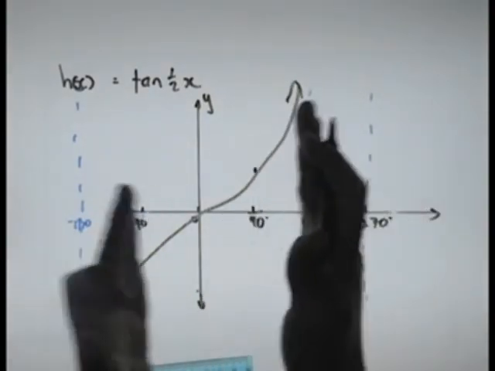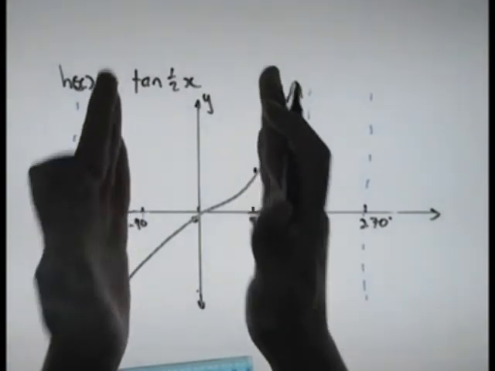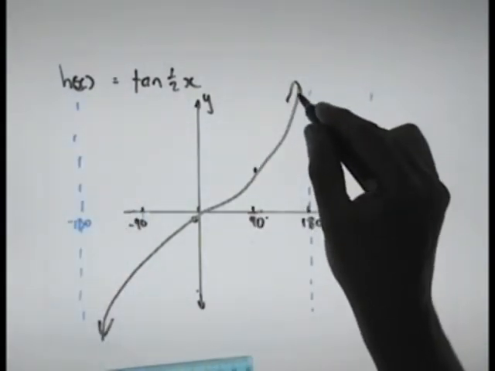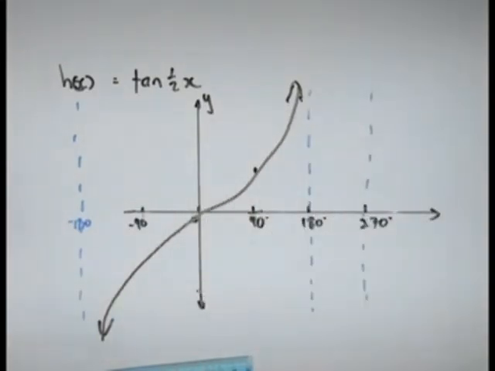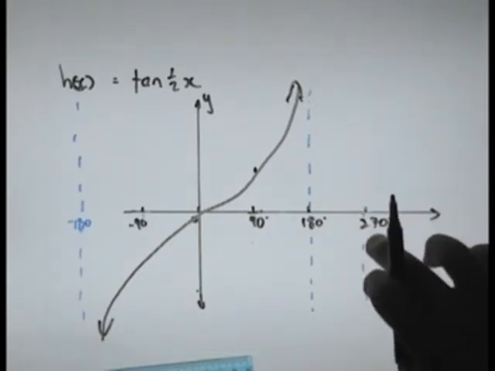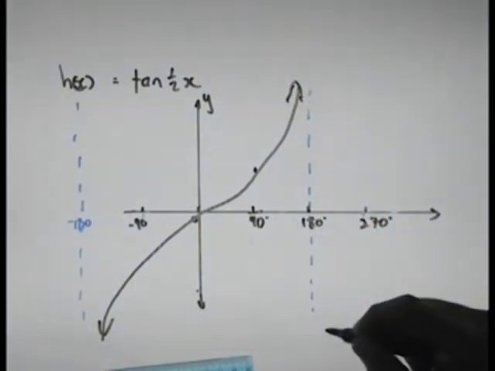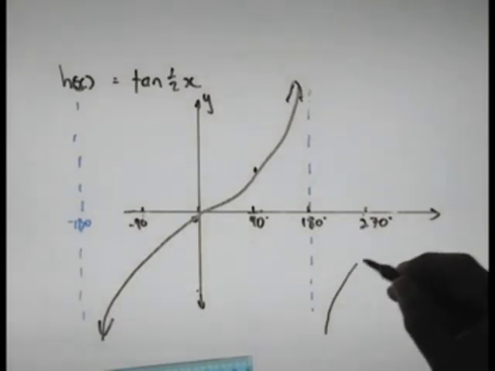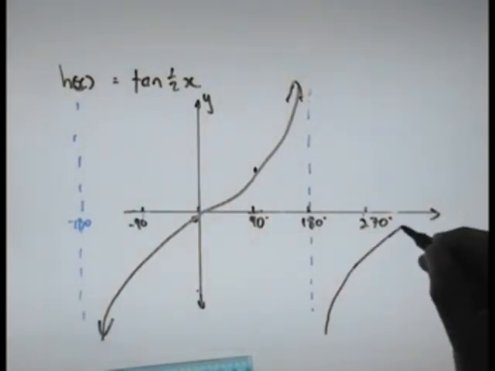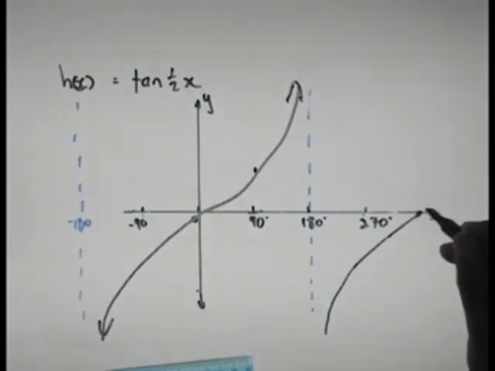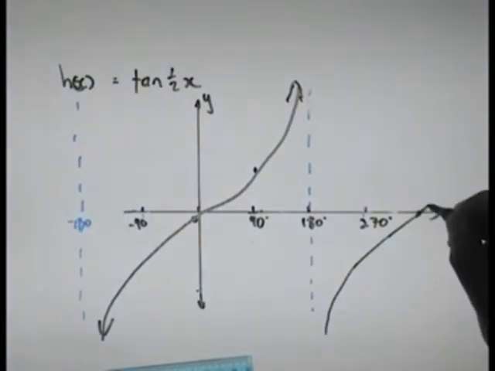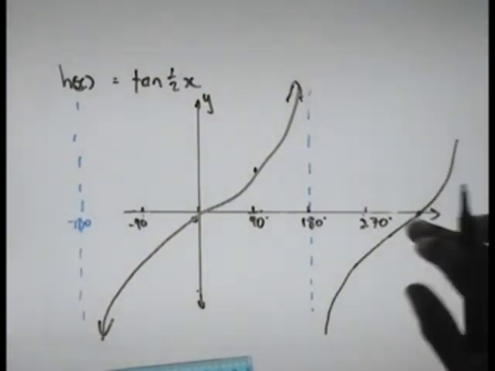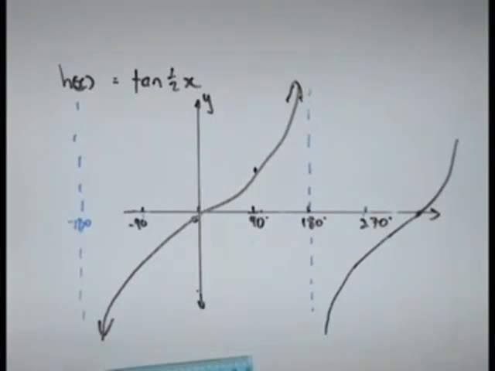That means that our graph is going to look very much like that. So instead of it being the small interval between negative 90 and 90, our propeller looking graph is going to be between negative 180 and positive 180, and the same thing will happen past 180, in that it will take the same shape, and it will be 0 at 360 degrees, and it will carry on, and it will have an asymptote beyond that.